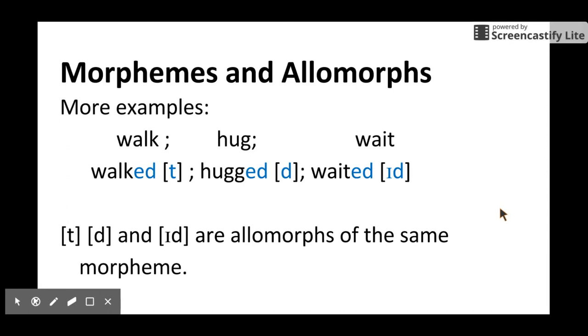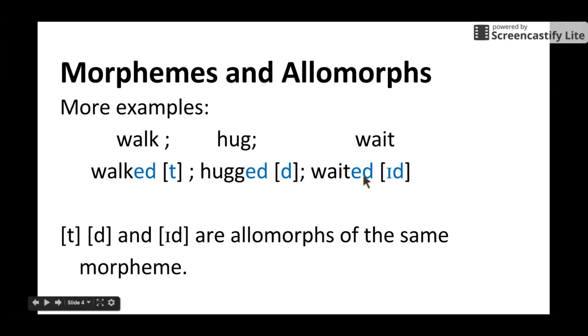Here is another example of allomorphs. The English past tense morpheme has three realizations. We have t, d, and id, right? When the past tense morpheme follows a voiceless sound, we get t. When it follows a voiced sound, we get d, like hugged, right?